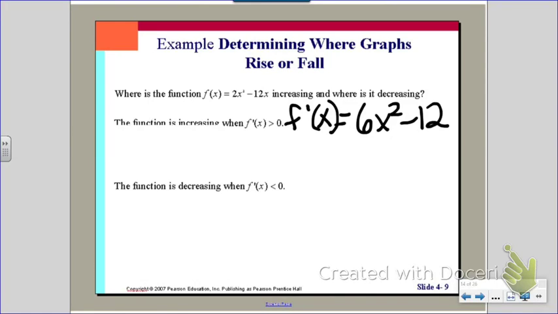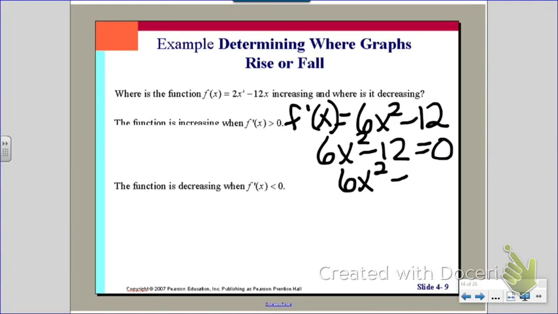So what I'm going to do is figure out where the derivative is positive and negative by solving for x. First, if I can figure out where the minimum and maximum are, that's the point where it changes direction, so I should be able to figure out where the derivative is positive and negative. So I'll set this equal to 0 first. 6x squared equals 12, divide by 6, x squared equals 2.